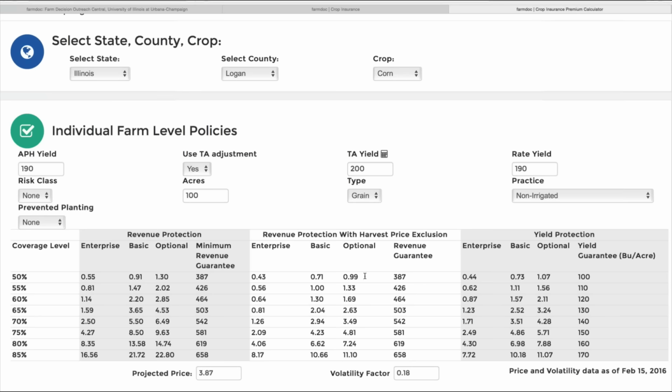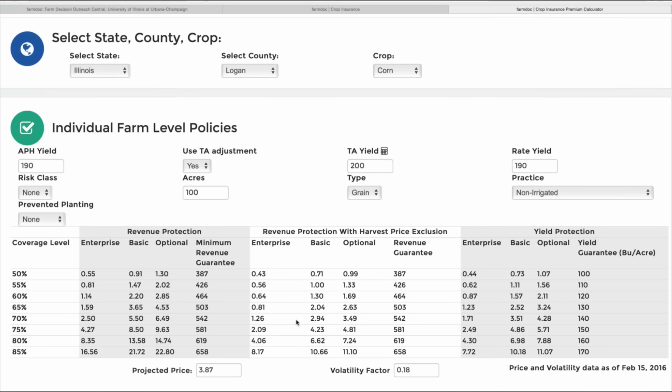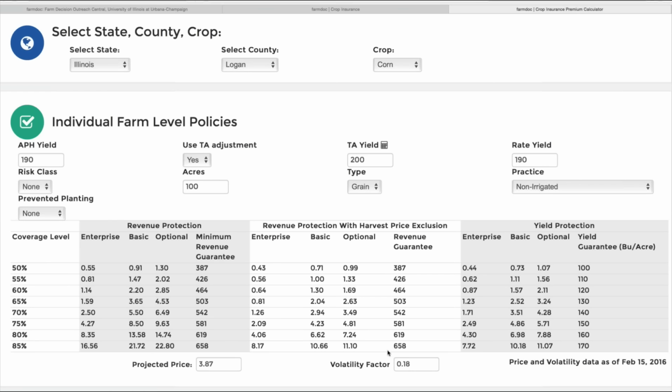Although that also reduces the amount of coverage you're buying, so it's cheaper in terms of premium cost. That doesn't necessarily affect the rate or the relative cost of the insurance, but it does reduce the cost because it's reducing the amount of revenue coverage you have. And then the other factor is that we also have a lower volatility than we've had in years past, and that does reduce the cost of insurance both in dollars per acre and in relative or rate terms, right, Gary?